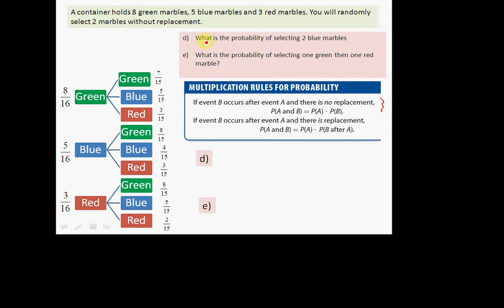What is the probability of selecting two blue marbles? So we have to find where are we going to get two blue marbles? Well, we've got a blue marble here and a blue marble here. This is the only possibility, right? So we can say the probability of selecting a blue marble on the first selection is 5/16, and the probability of selecting a blue marble in the second selection is 4/15, right?